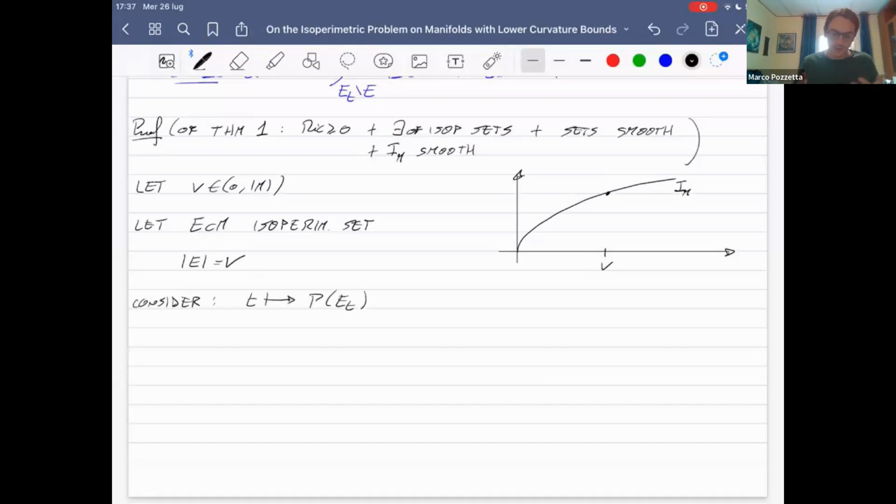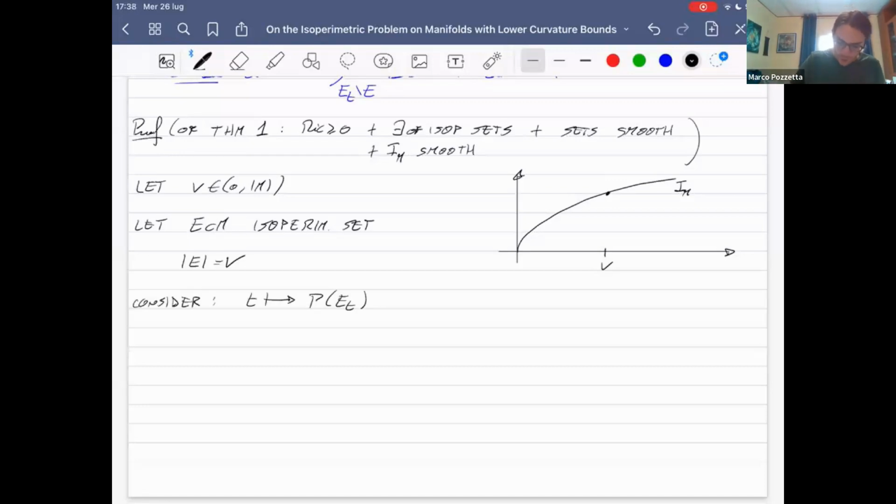So in the notation above, Et is the sort of tubular neighborhood, right? This kind of flow that emanates from E inside and outside. And I consider the perimeter of Et. So the volume of Et is different. For positive t it is bigger, for negative t it is smaller.